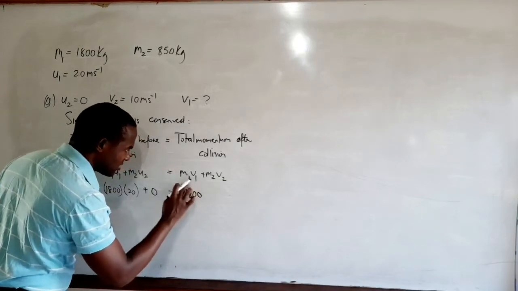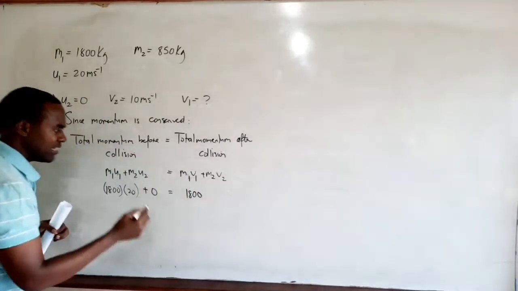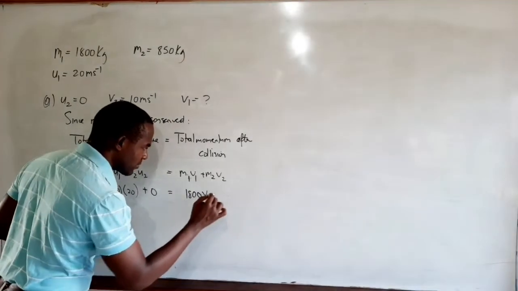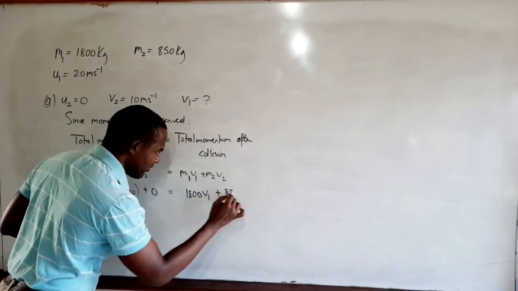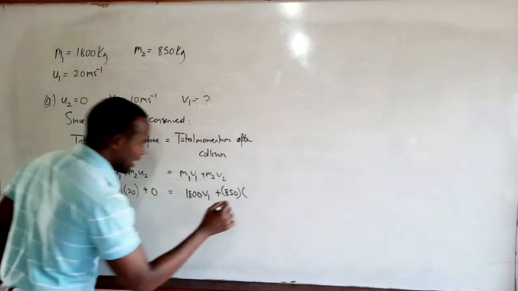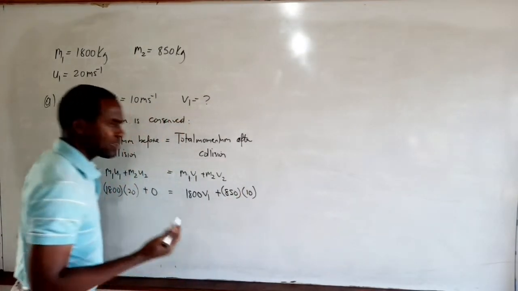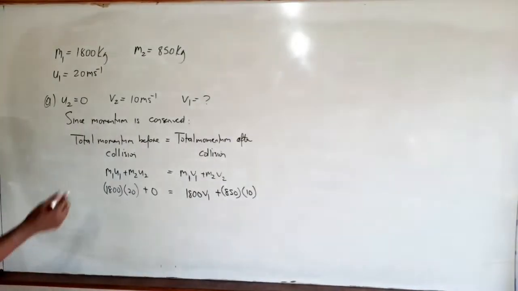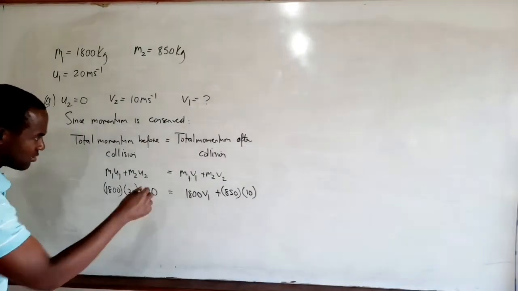We don't know the velocity, of course, that is what we want to find, so this is 1800 times v1, and this is plus 850 times 10. So after the collision, the smart car's velocity is 10 meters per second.